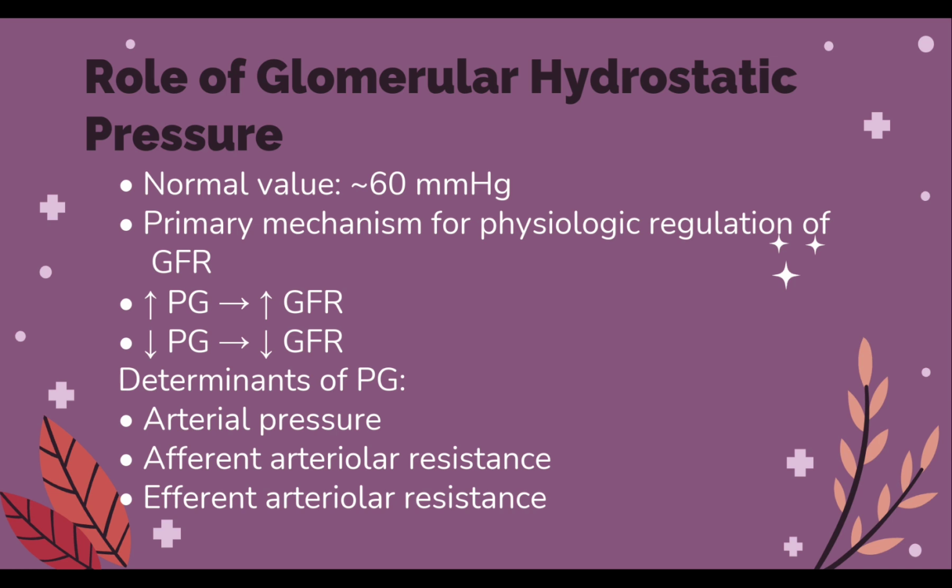What are the determinants of glomerular hydrostatic pressure? So they are arterial pressure, afferent arteriolar resistance, and efferent arteriolar resistance. When there is increased arterial pressure, it tends to increase the glomerular hydrostatic pressure, so there is increased GFR.